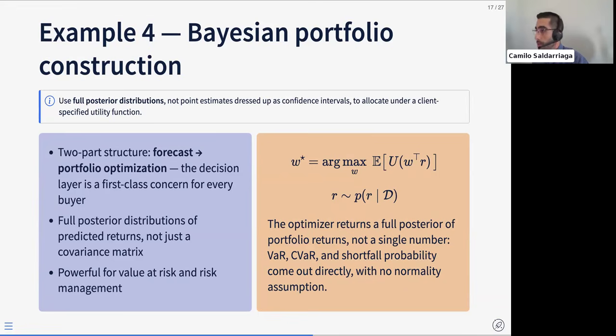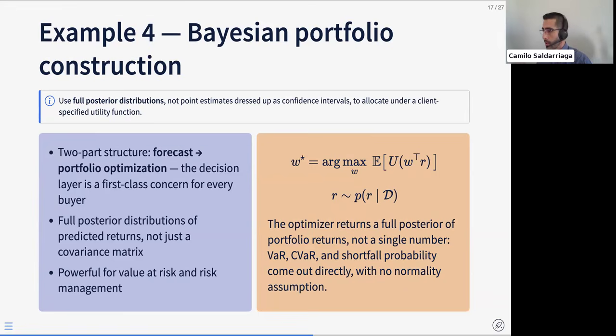In traditional portfolio theory, we basically use just the expected returns values, the point estimates, and the covariance matrix structure, and with that we build a whole portfolio. Here we have a whole new universe of information that we can use to optimize the portfolio. This is a perfect fit, especially for risk management, because it allows us to have a full probability distribution of the future returns of each possible portfolio that we can build. With that, we can optimize based also on the risk the customer wants to take.